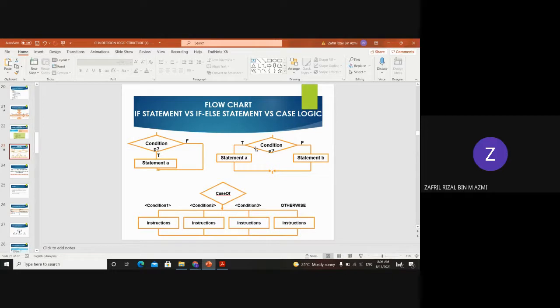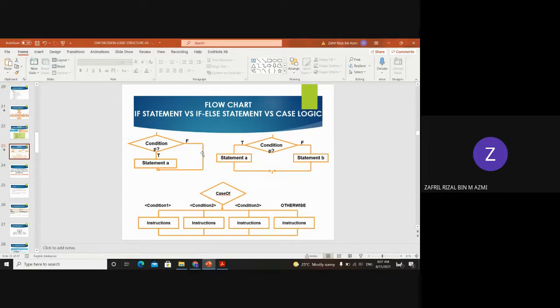When we convert it into an algorithm, we have if condition, if this is true, then this is a statement, and we have else, which is a statement for when it is false.